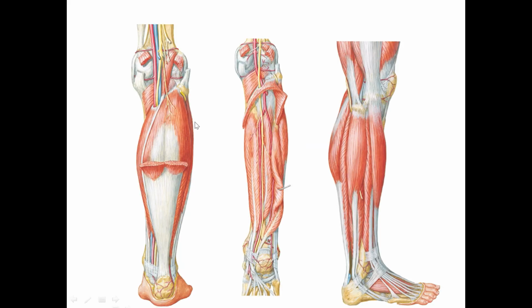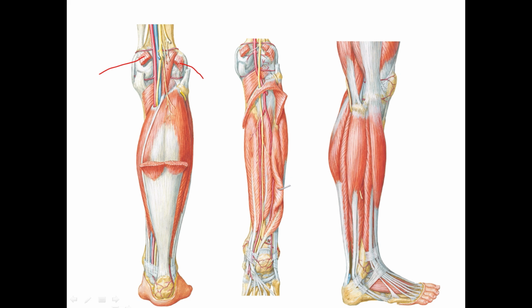In this picture, we can see here the three views in which we are having the superficial view of posterior side of the leg, deep view of the posterior side of the leg, and the lateral view of the leg muscles. We can see here the cut part of the gastrocnemius muscle, medial and the lateral head respectively.